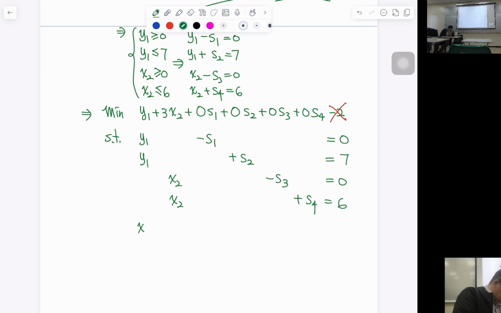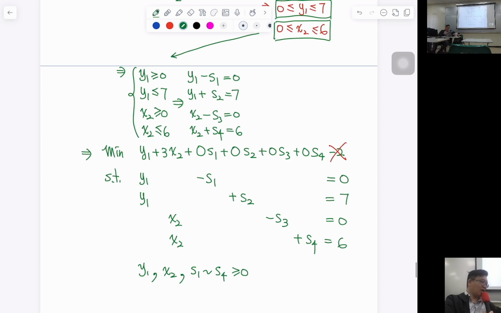And now y1, x2, s1 to s4, they are actually all positive, right? So I probably don't need to formulate these two because they are a part of the rules. So I am making this too complicated.